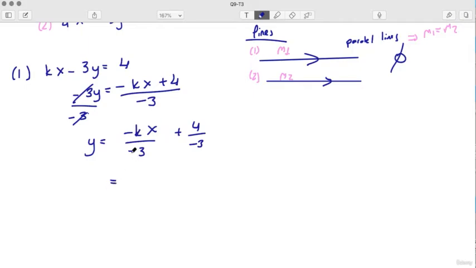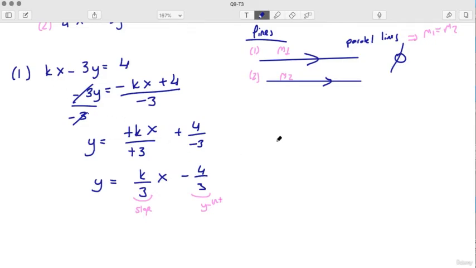Here minus k divided by minus 3, the minuses cancel, so we get k over 3 x. So this is our slope. And here, plus 4 divided by negative 3, that's a minus. So this is our y-intercept. This is the slope-intercept form of the first line.